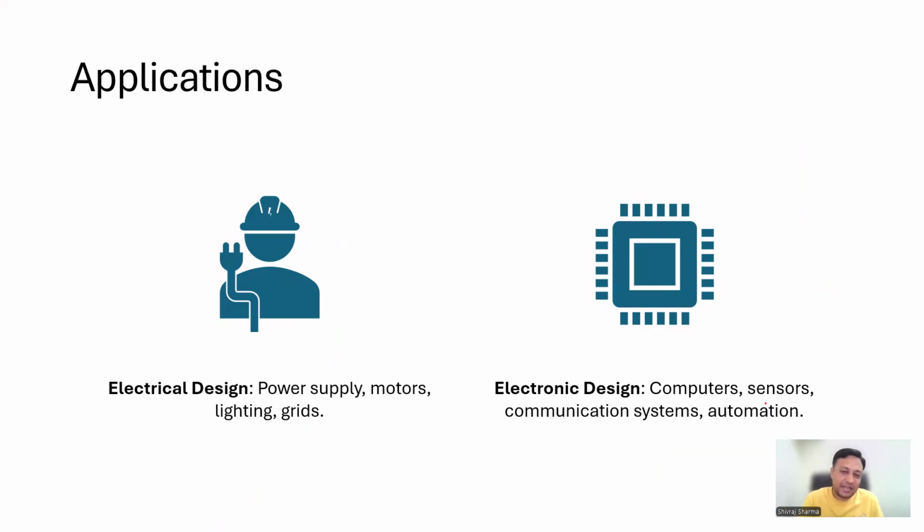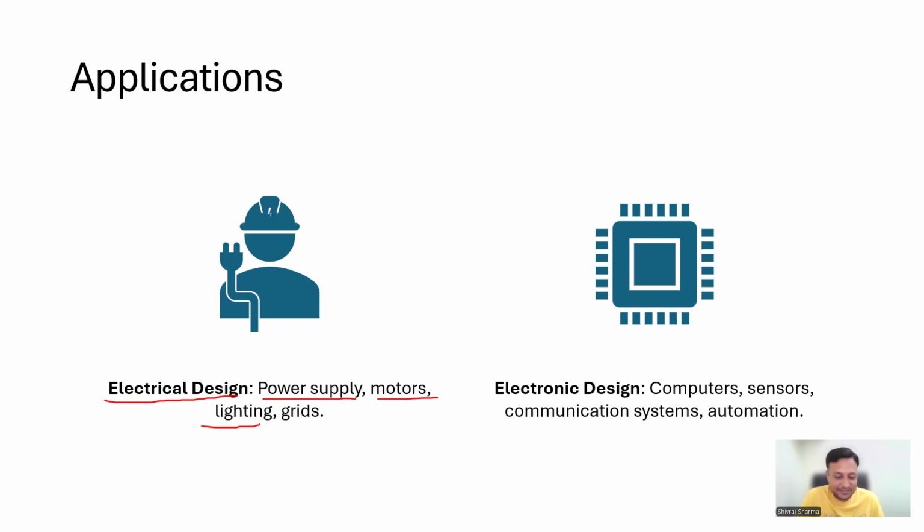Definitely that thing comes into your mind now, what is the application of both these things, right? If you are in this particular domain of electrical and electronics, you very well know the applications. But if you are very new to these terminologies, you must know that electrical designs are used in power supplies, in the motors that you are using, right?